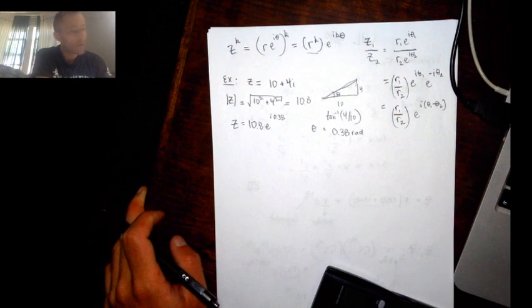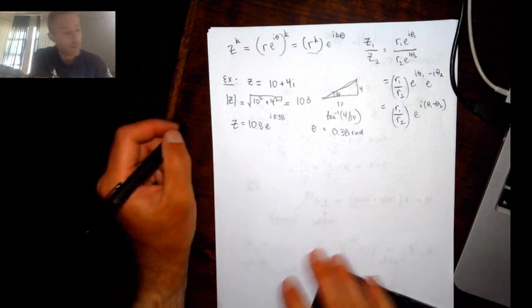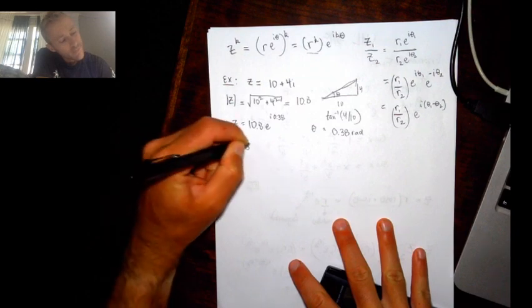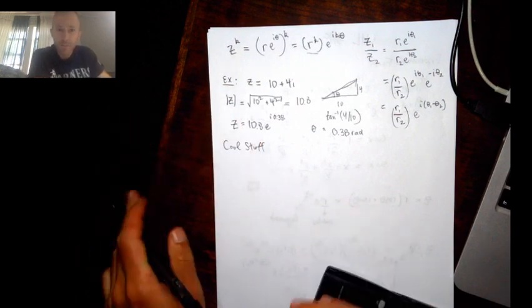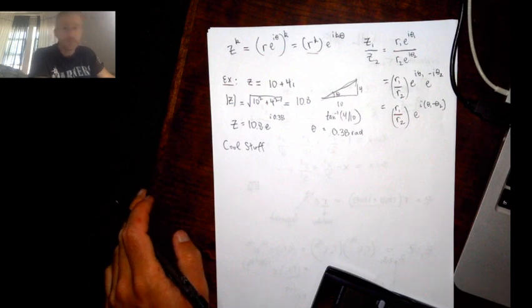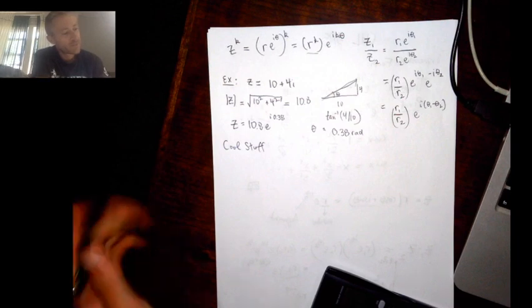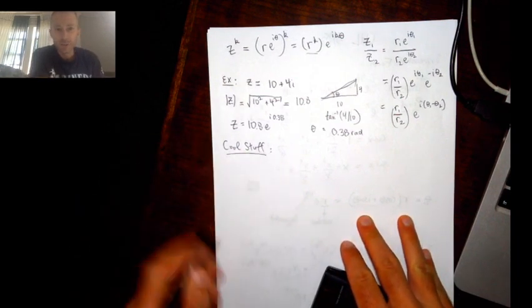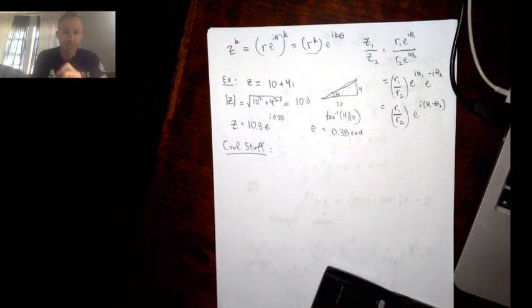So what I'm going to do now is show you some cool stuff. You can actually define all the regular functions that you know about for complex numbers, and I'd like to show you some of that.